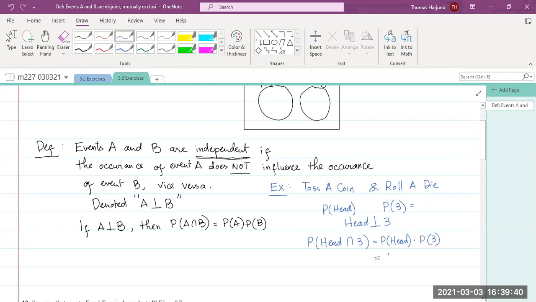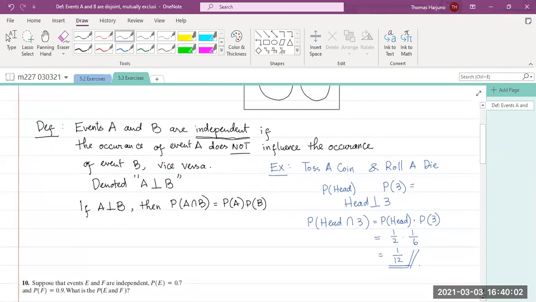Probability of getting a head in a fair coin is 1/2. Probability of getting a 3 in a fair die is 1/6. So that's 1/12. Okay, so the probability of intersection is equal to the product of probability.